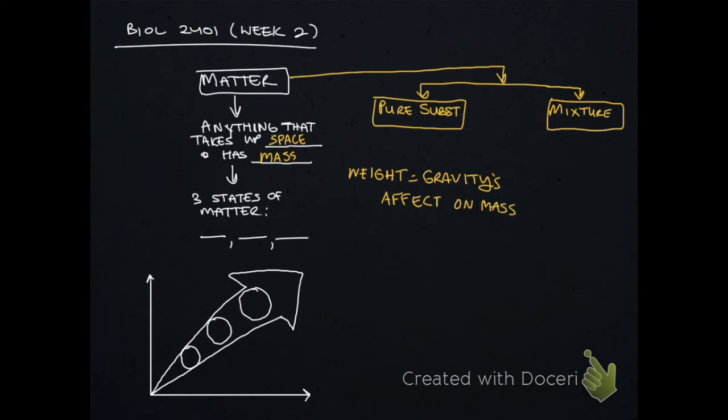It's like that example of, do you weigh the same on Earth as you do on the moon? The answer is no, because gravity on Earth is different than gravity on the moon. The same if you were on Jupiter, gravity would be different, so your weight would be different. Hopefully that makes sense. Now, the three states of matter are solid, liquid, and gas.